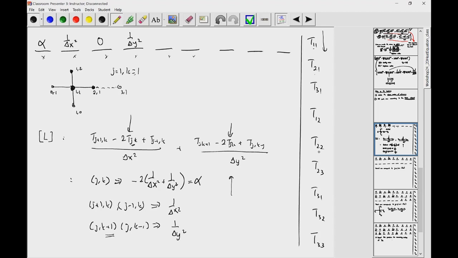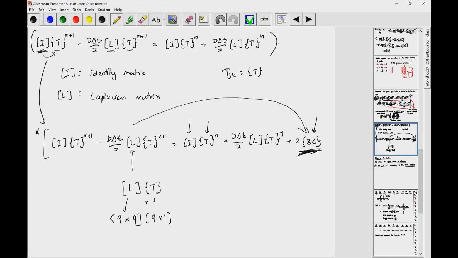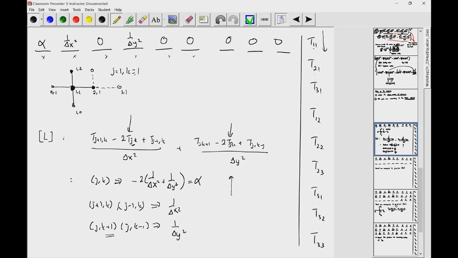The next will be T22, which is again beyond your stencil, so it will be 0. If you follow the rest, you'll find that these are all 0. So all you have to do is set up your Laplacian based on the system matrix of equations that we have written here. This does not set up completely because you are only solving it for one row. Yes, Kelvin.